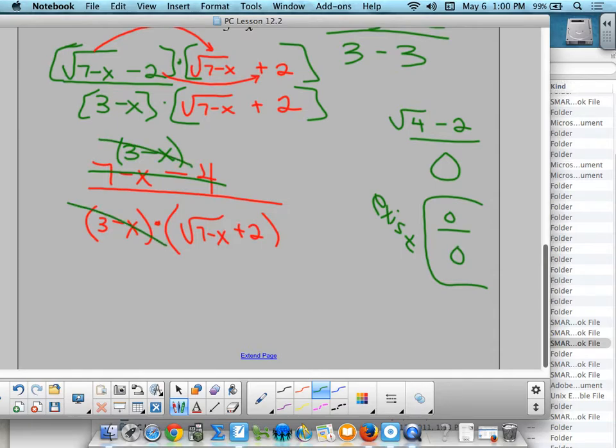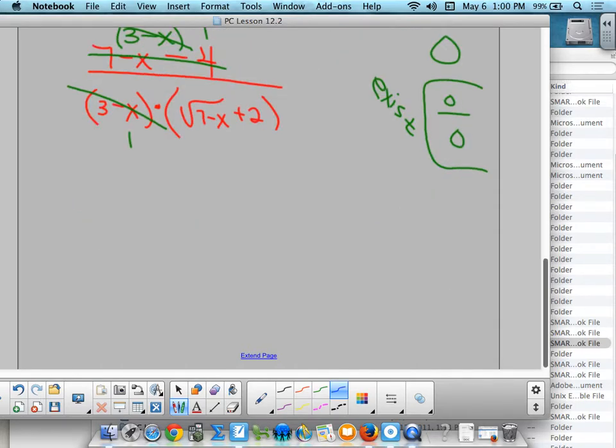Cancels. So you get 1 over times that. So here comes the final answer. No, I shouldn't say that. It's not the answer. It's just a simplified function. We still have to do this.